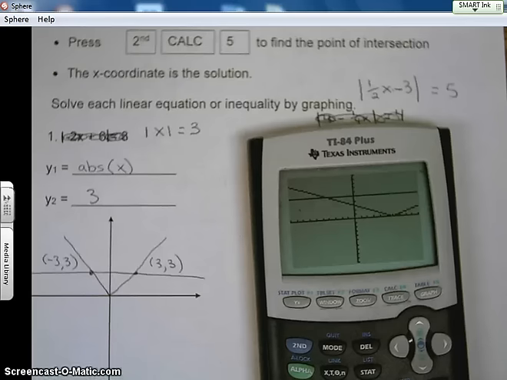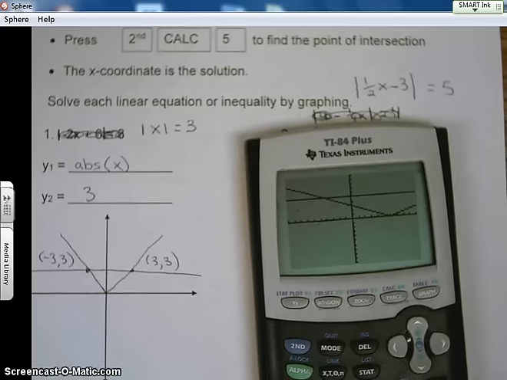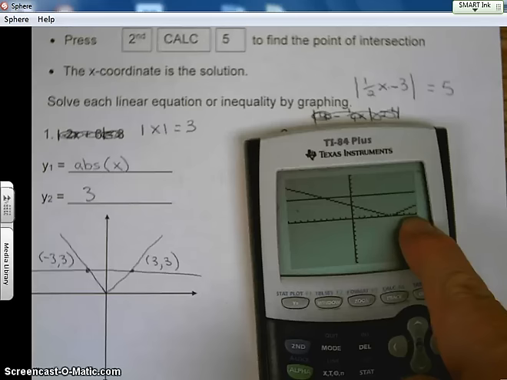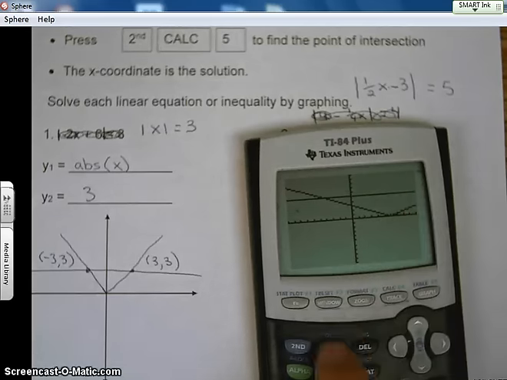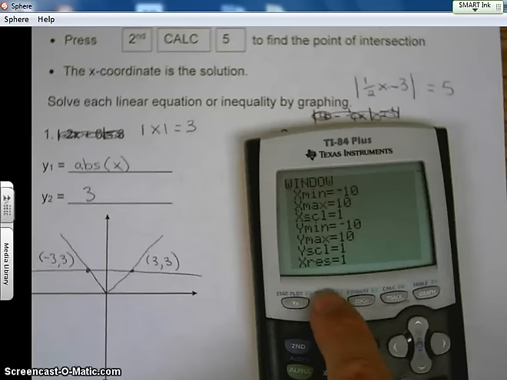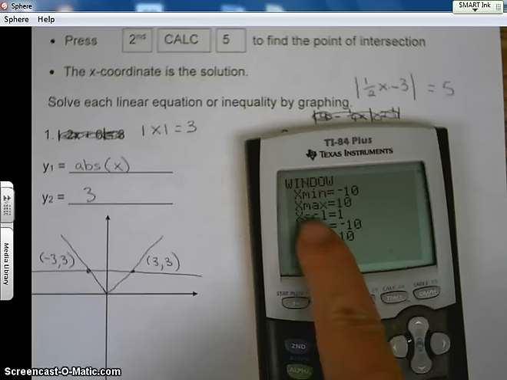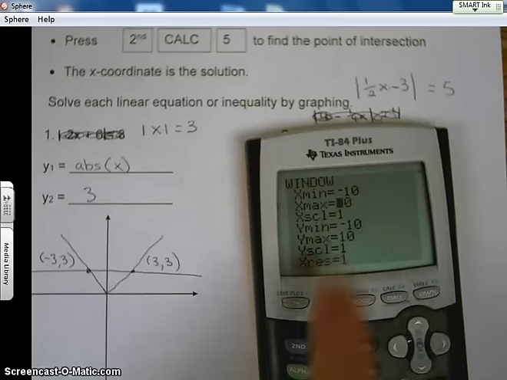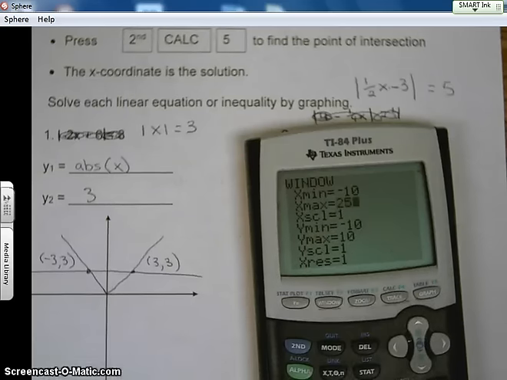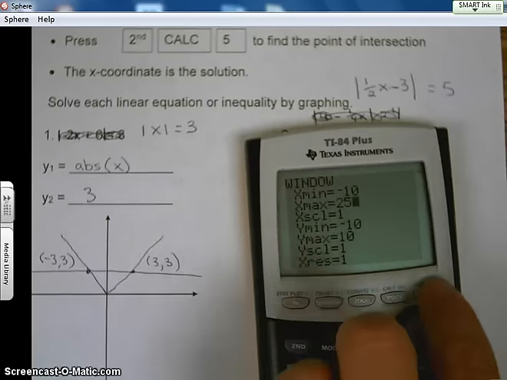Okay, so notice you can't see both intersection points. So we need to go further to the right so that we can see this intersection point. So we're going to go to our window and we want to go further to the right. So that would be x maximum would be to the right. So I'm going to go ahead and go to 25 and see if I can see it now.